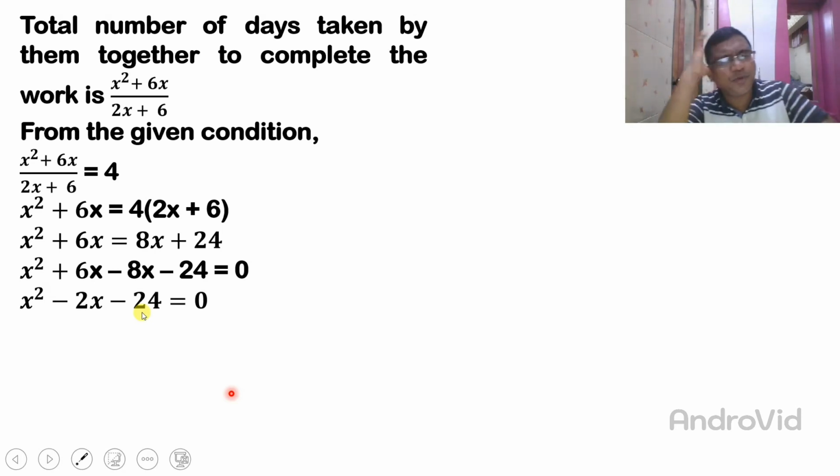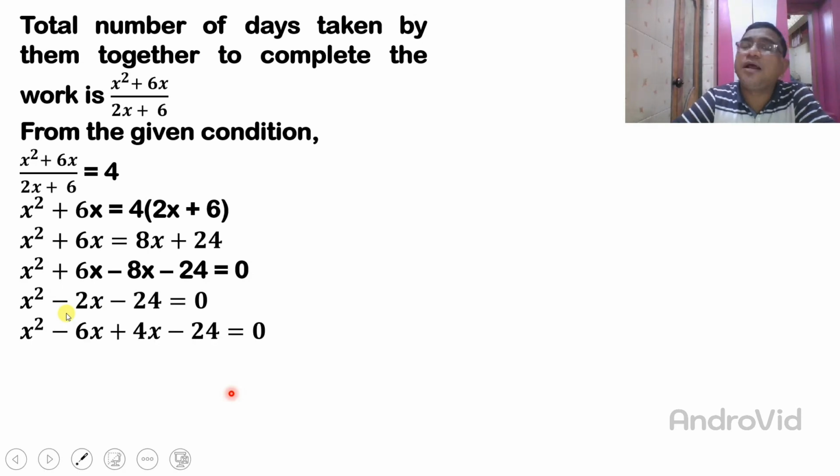Now we need two numbers whose product is 24 and whose difference is 2. 6 times 4 is 24, and the middle term is minus 2x. The middle term sign is negative because the greater number takes the negative sign.